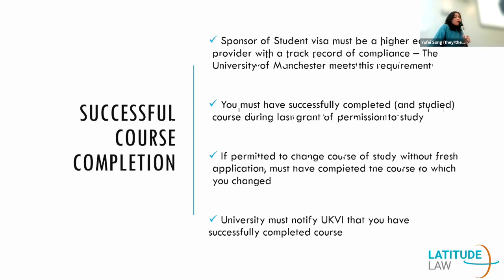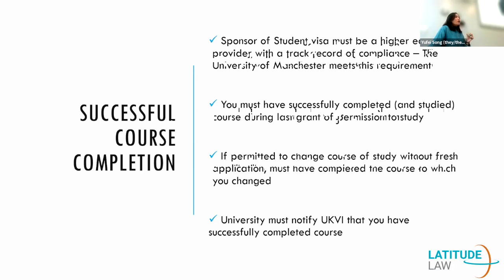And you will be able to apply even if you have changed course of study without a fresh student visa application, but you have to have completed the course that you've changed to. And finally, the university will notify the Home Office of your successful completion by bulk upload.